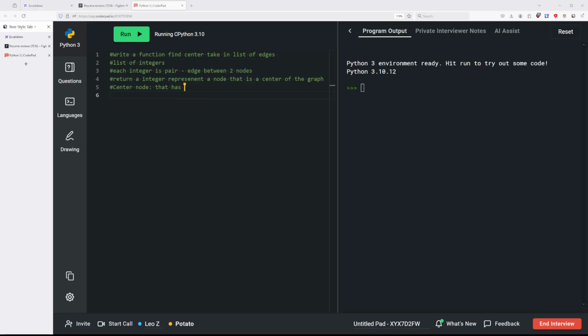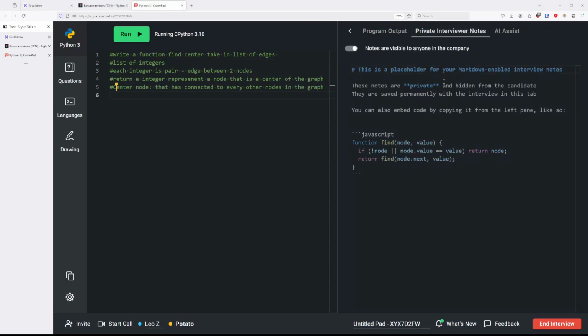In other words, the center node connects to every other node in the graph. Just for clarification, the center node would be connected to every other node in the graph, right? Yes.